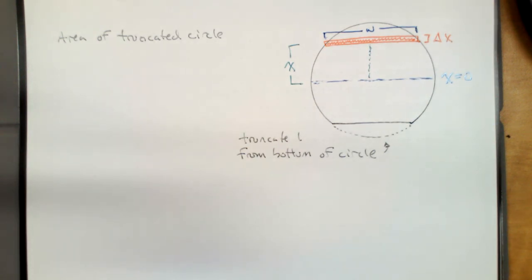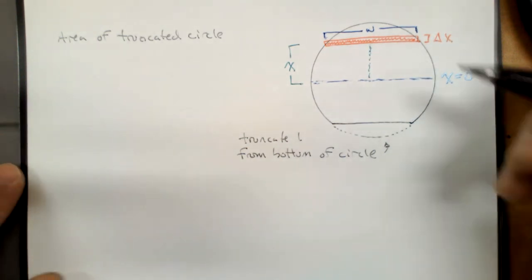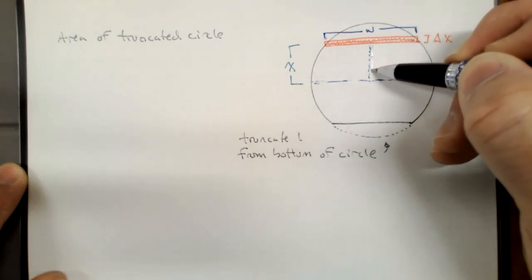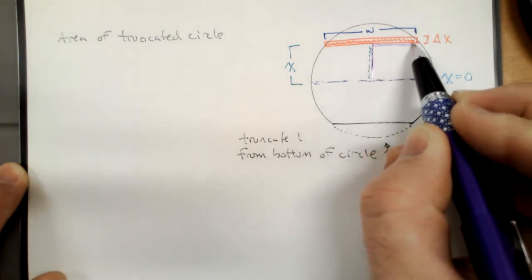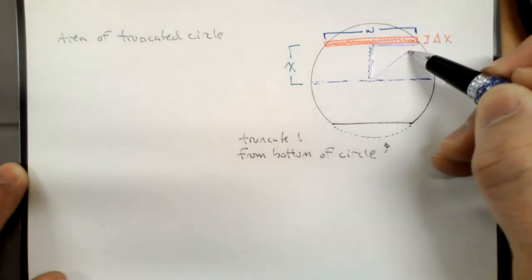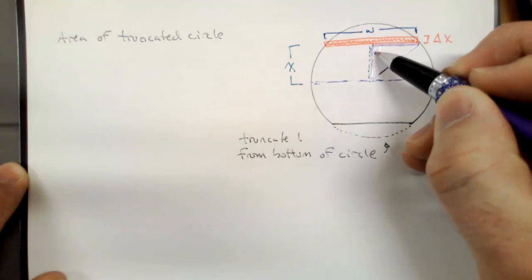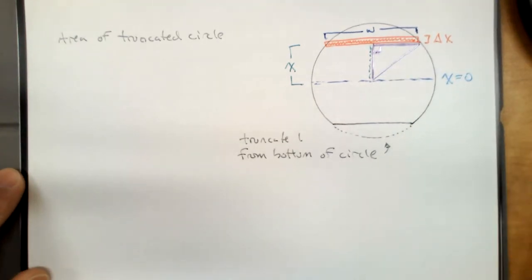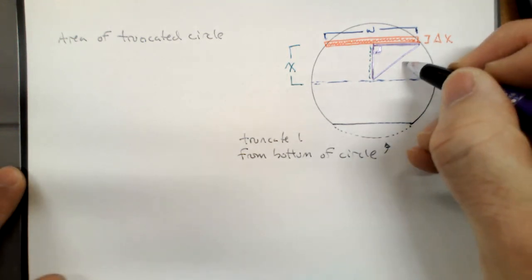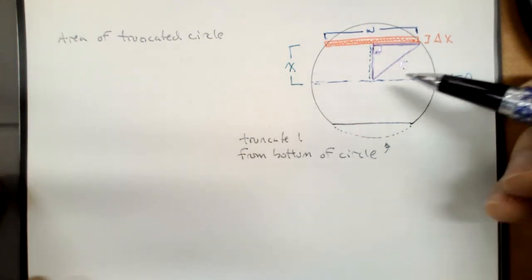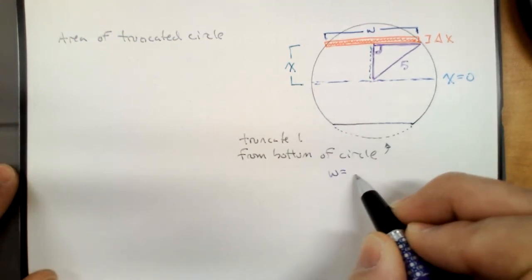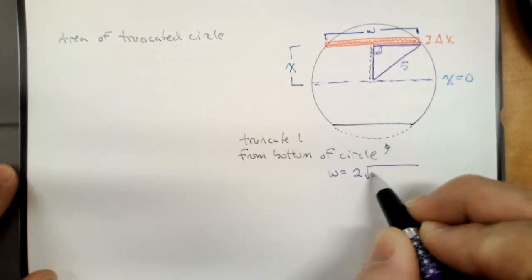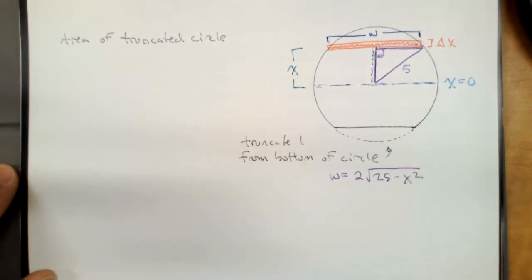And we're going to use the same right triangle to get a relationship between X and W. This triangle still has legs of X and W over 2, so I can still write that W is 2 square roots of 25 minus X squared.